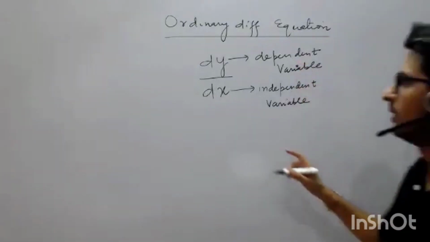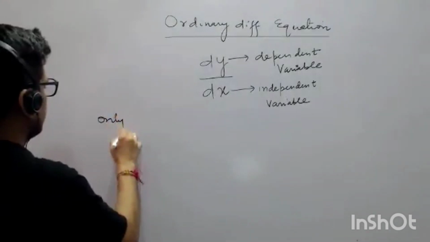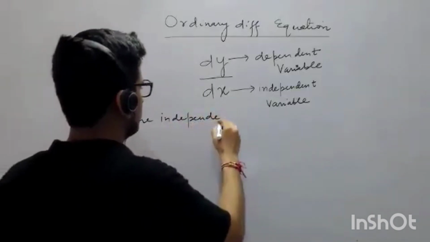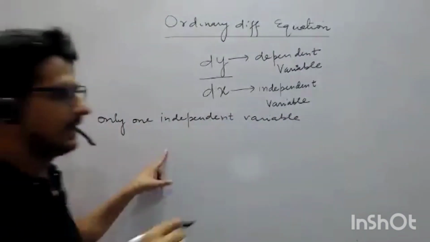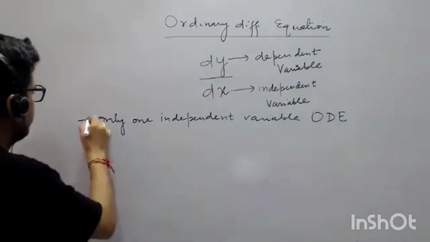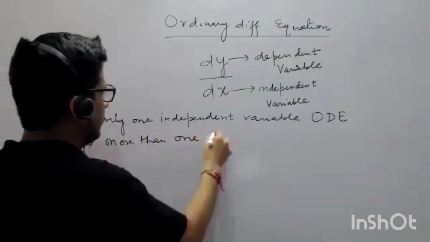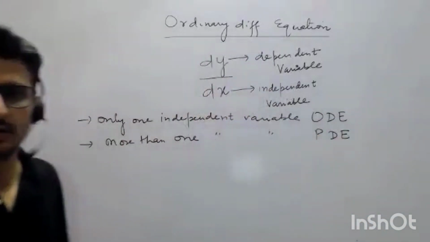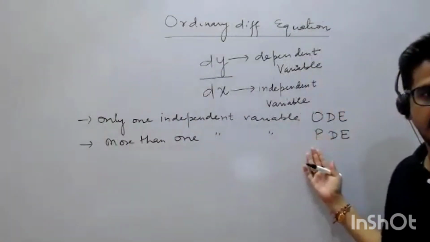Okay, so if you have only one independent variable, then the equation is known as ordinary differential equation. Okay, and if you have more than one independent variable, then it is called partial differential equation. Okay, so ordinary differential equation and partial differential equation.